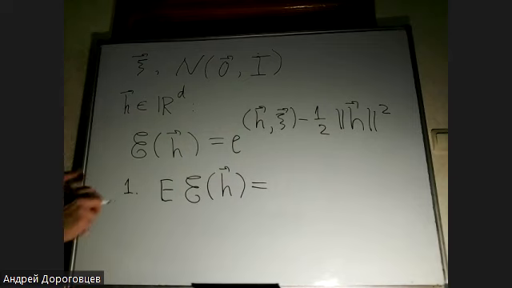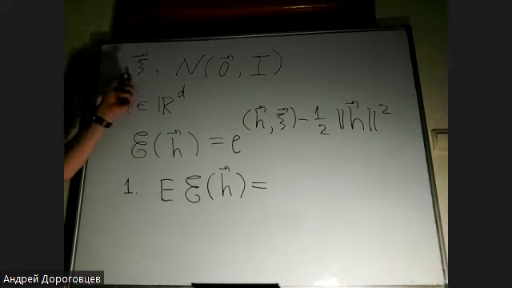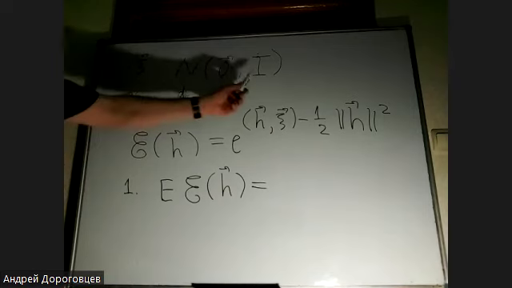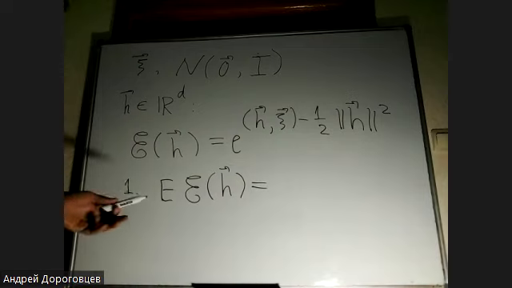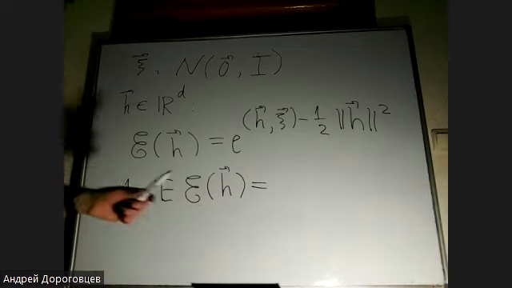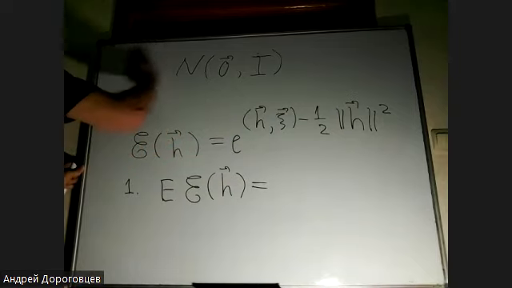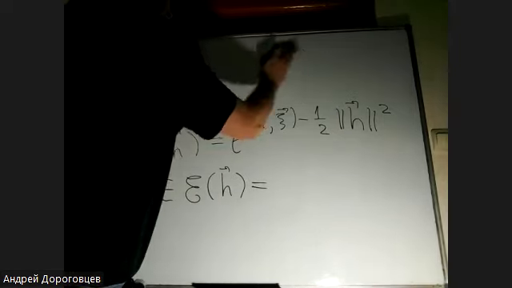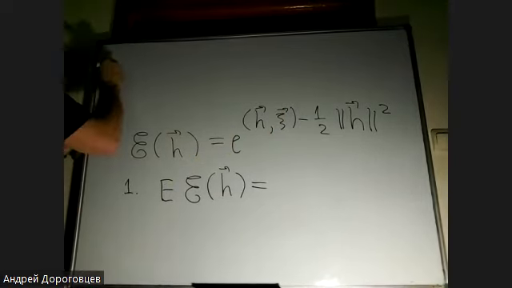I will write this expectation using the fact that our xi has a standard normal distribution, so it has a density, and we can calculate the expectation using the density of this standard Gaussian distribution. We will get the following expression.